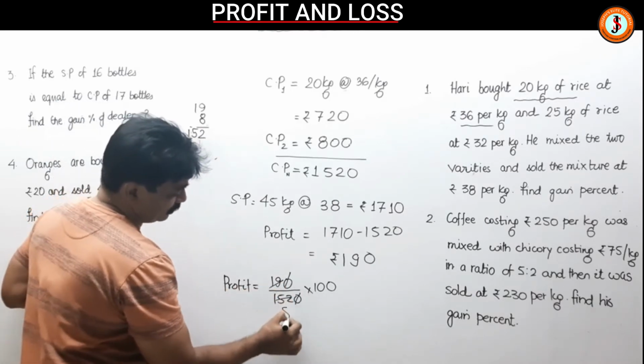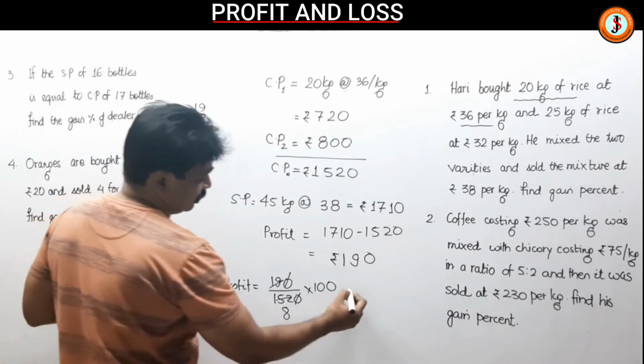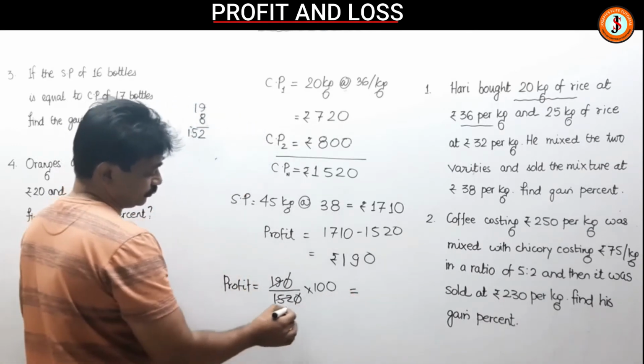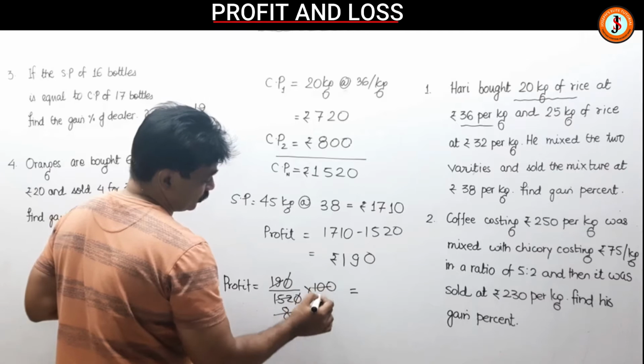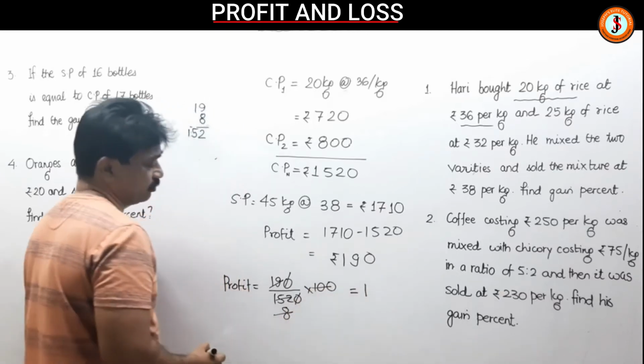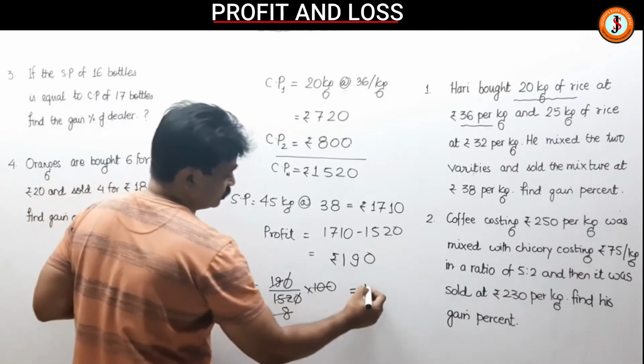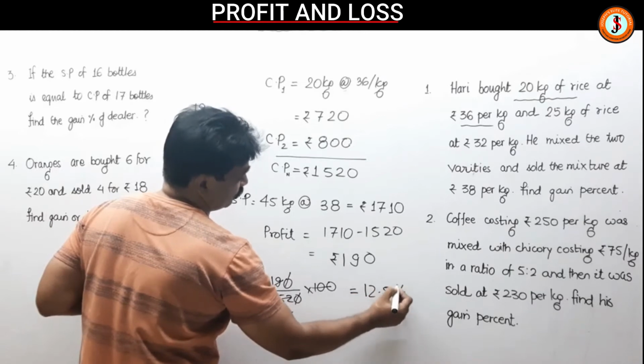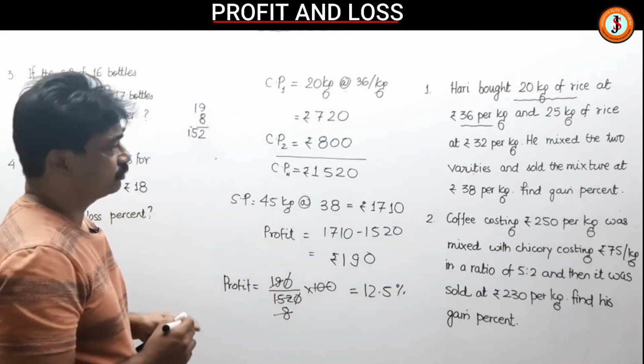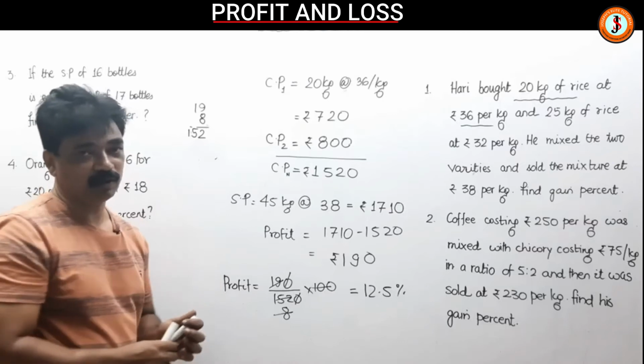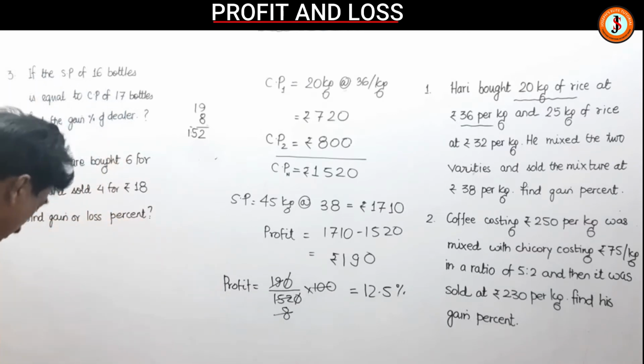So 19 8 za. Now what will happen? Let us see. 8 1 za, then I am getting 2. So 8 to the 16. So that is 12.5%. So this is the first question.